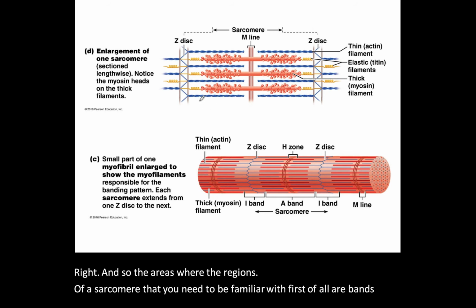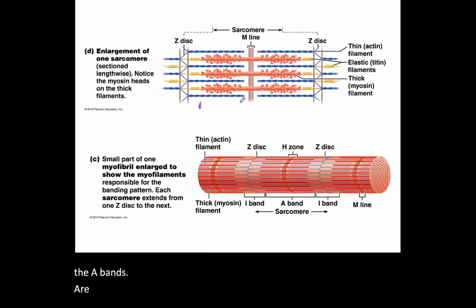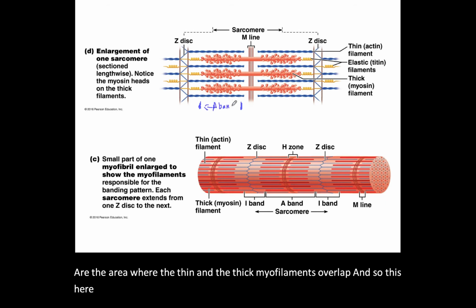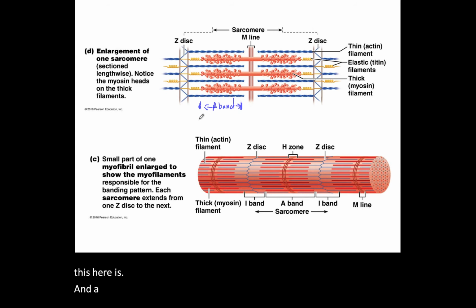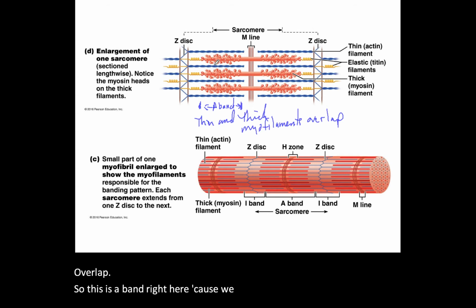The A bands are the area where the thin and the thick myofilaments overlap. And so this here is an A band. Again, thin and thick myofilaments overlap. All right, so this is an A band right here, because we have both thin and thick myofilaments overlapping.